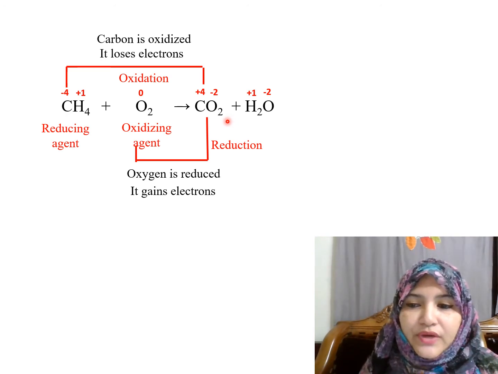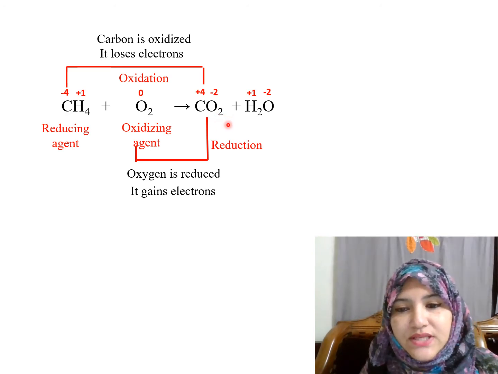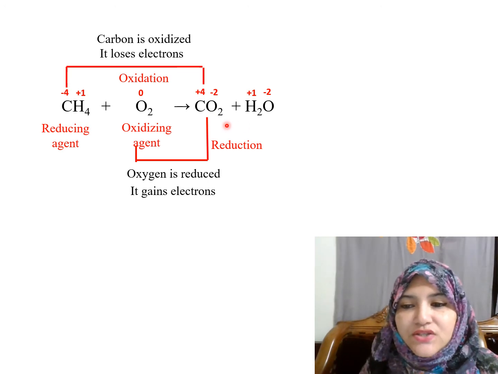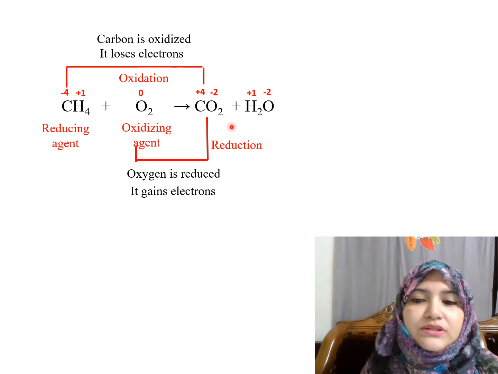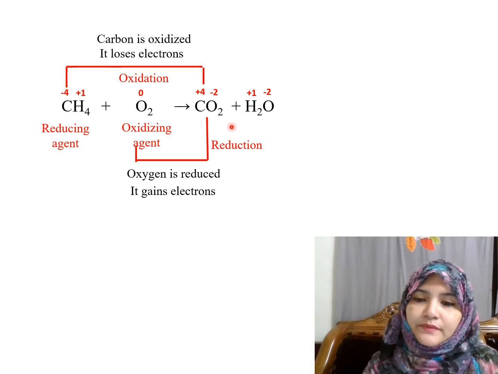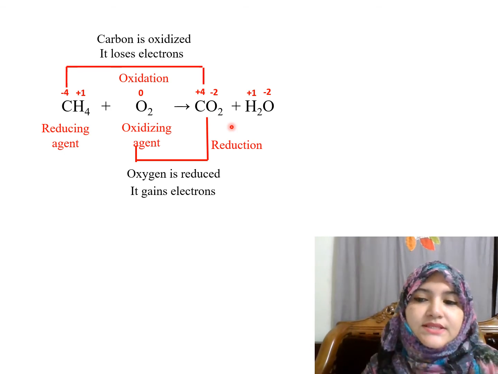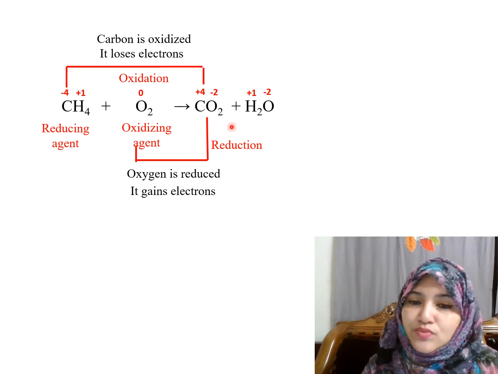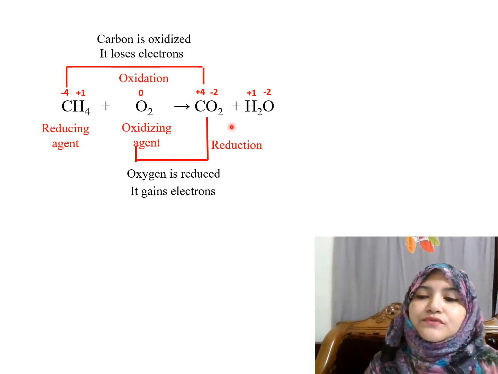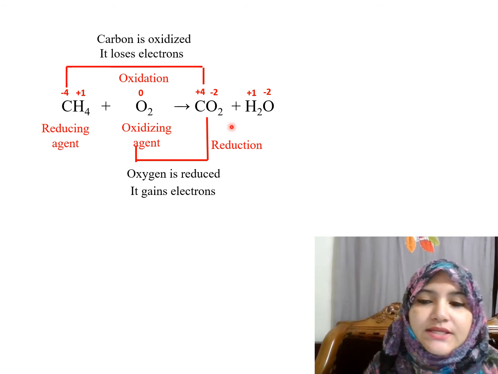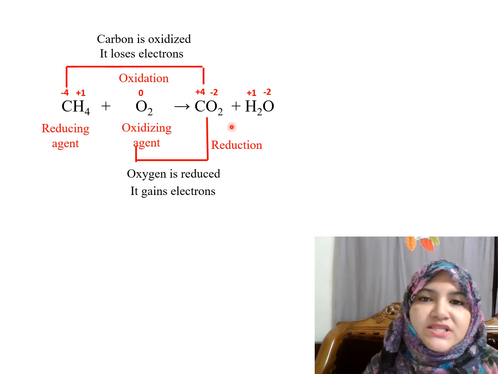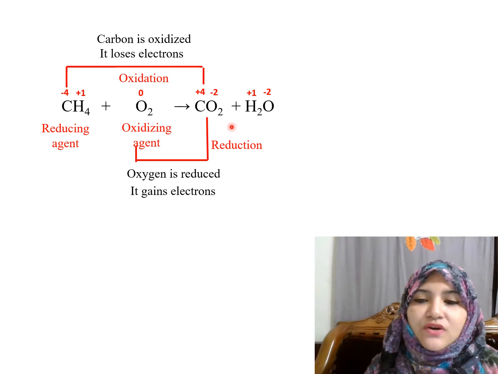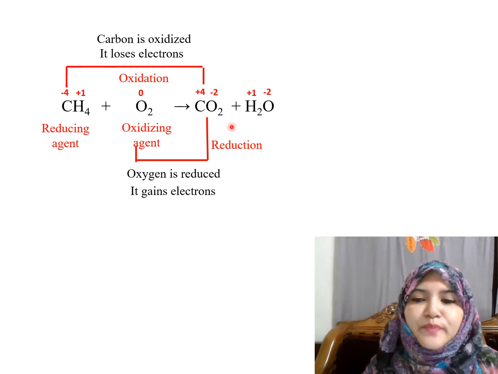Whenever you hear the word oxide, the oxidation state of oxygen is always -2. If you hear the word peroxide, it uses a -1 oxidation state, and if you hear the word superoxide, it is -1/2. That means the oxidation state of oxygen in any superoxide is -1/2.